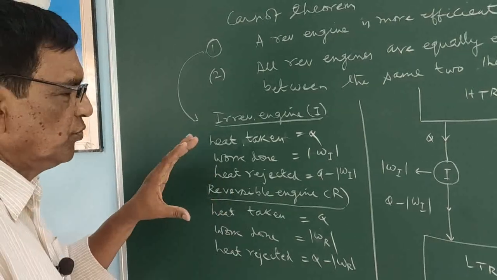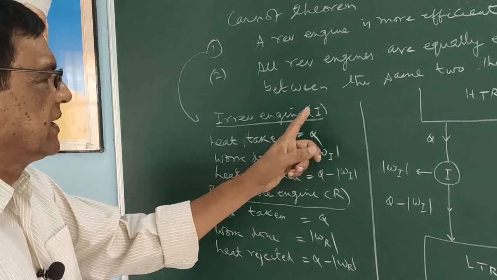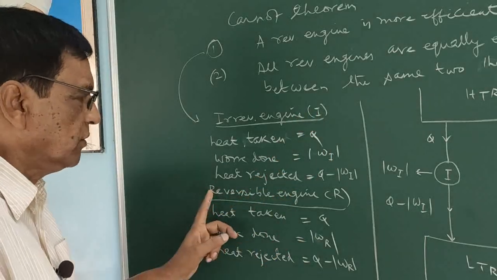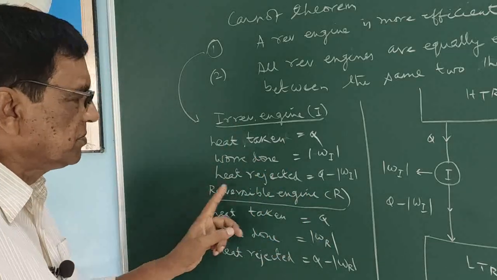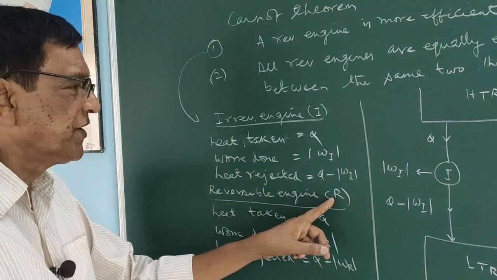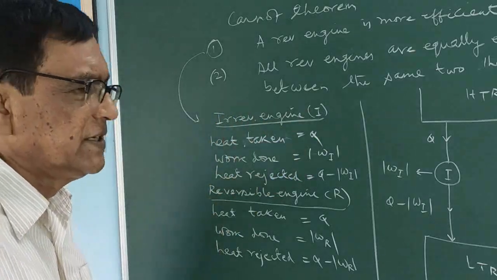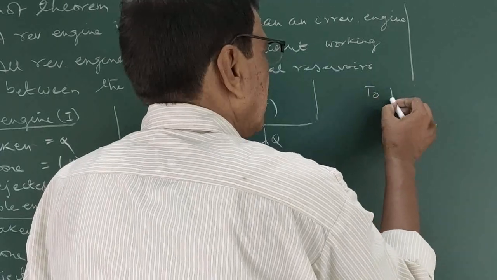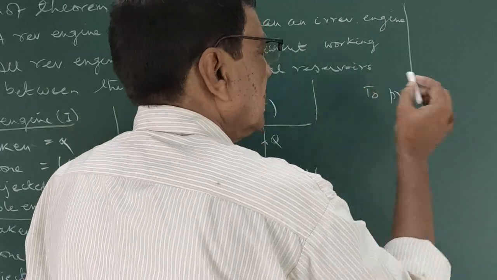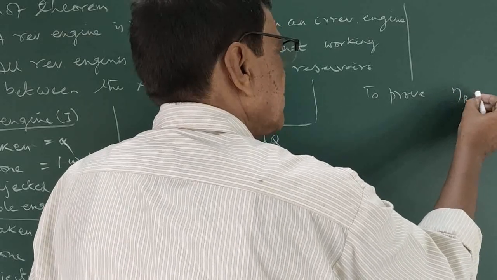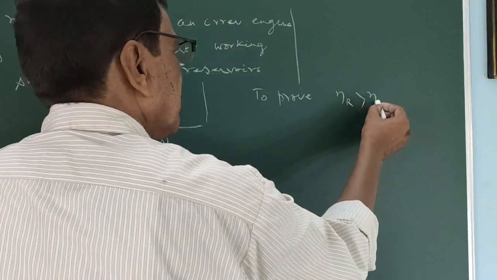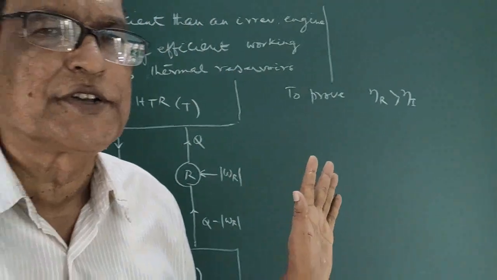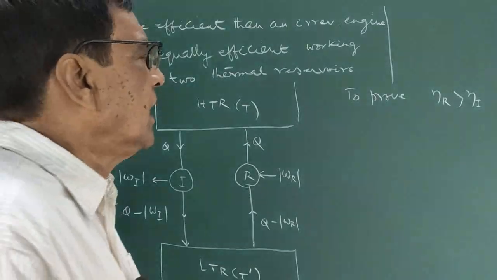Now we shall have to prove that the efficiency of this reversible engine is greater than the efficiency of this irreversible engine working between the same two temperature limits.